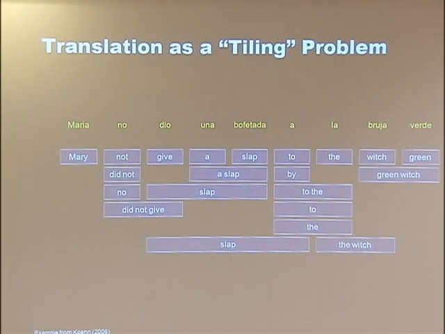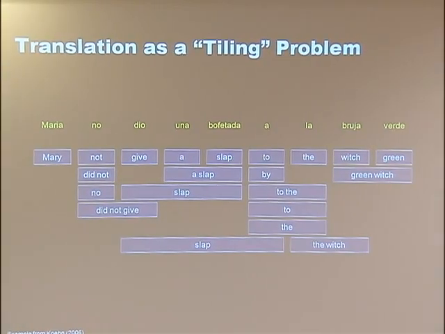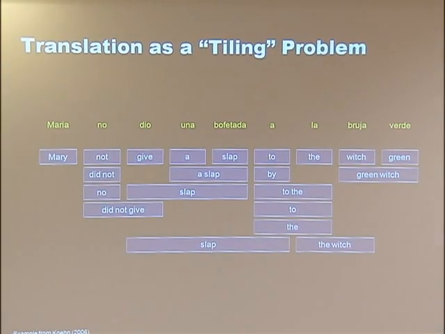So a graphical illustration is this. You look up in your phrase table all the various possible translations of different phrases, and the translation is actually a tiling problem, where you find a tiling of these phrases that matches the input, subject to the condition that it has to be good English. And the language model tells you if it's good English or not.